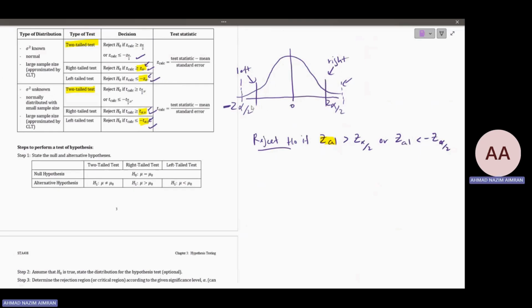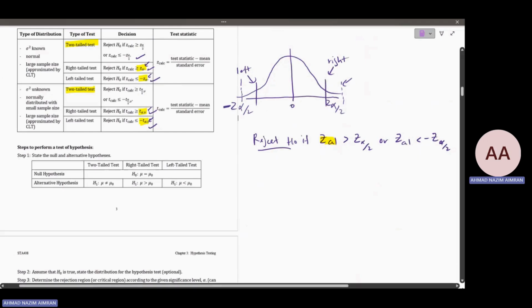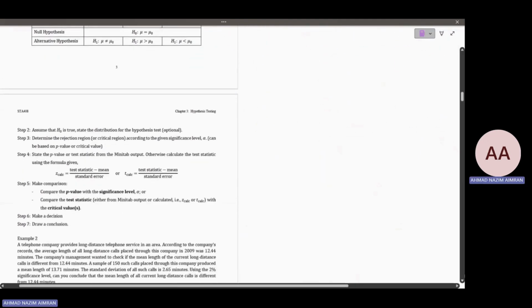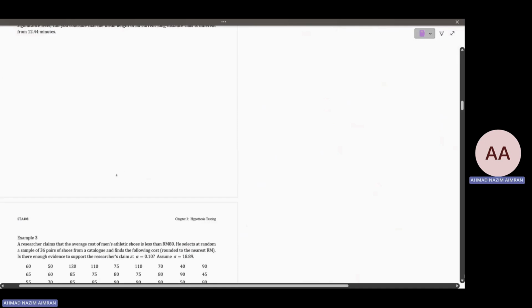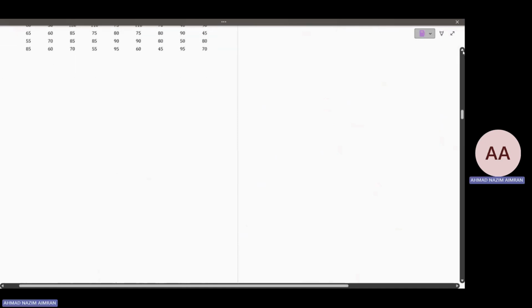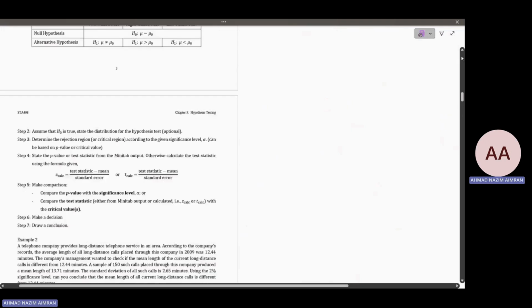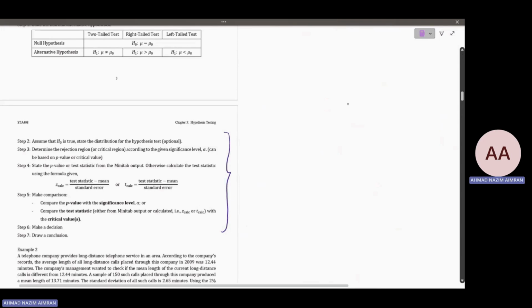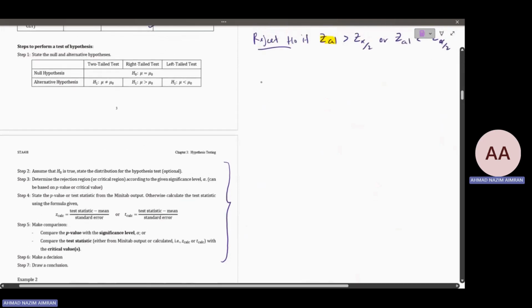Right. So I think for this one, it will be better if we discuss it using the example, so you can see it clearly. Okay, and I will skip the steps here, as well as the first step, because I will show it in the example.